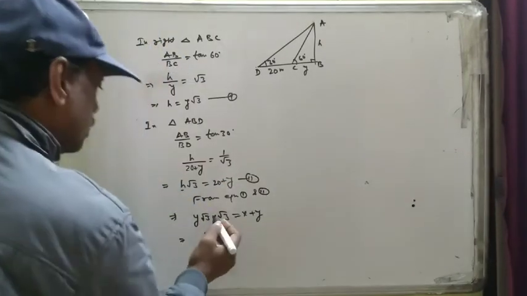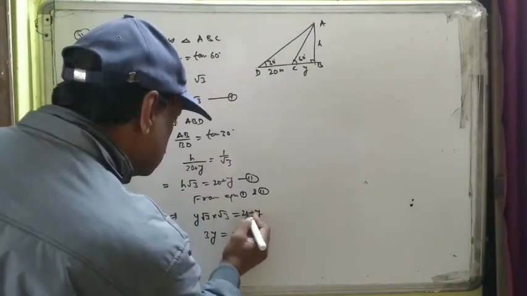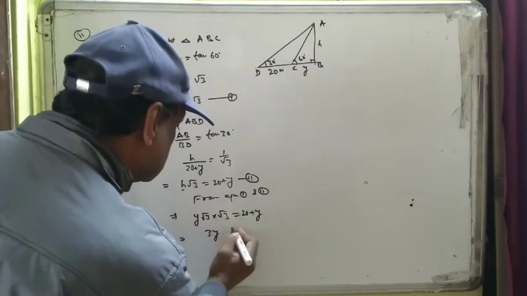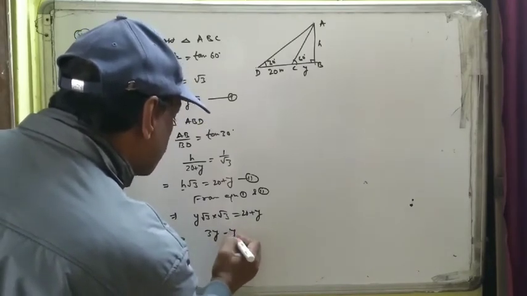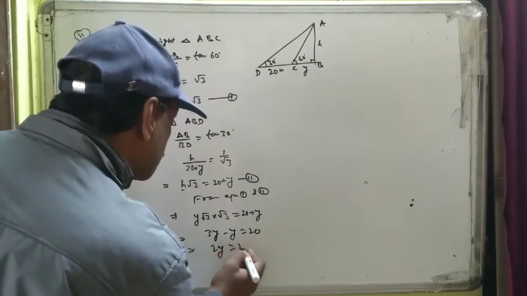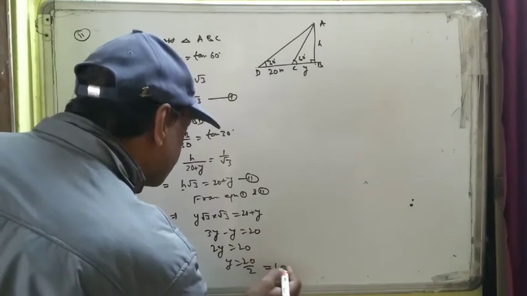Okay, so now this will be 3Y minus Y equals 20. So 2Y equals 20, Y equals 20 by 2, that is 10.